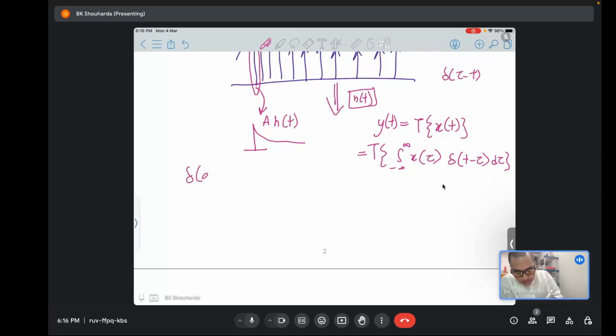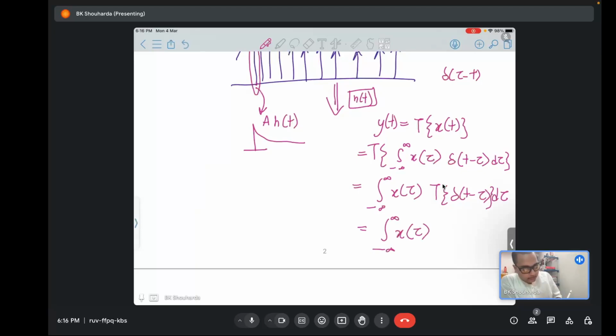Okay, fine. So let's ignore all of this stuff. So it will be the integral from minus infinity to infinity of x of tau times the transformation of delta of t minus tau d tau, and the transformation is in the time index t.